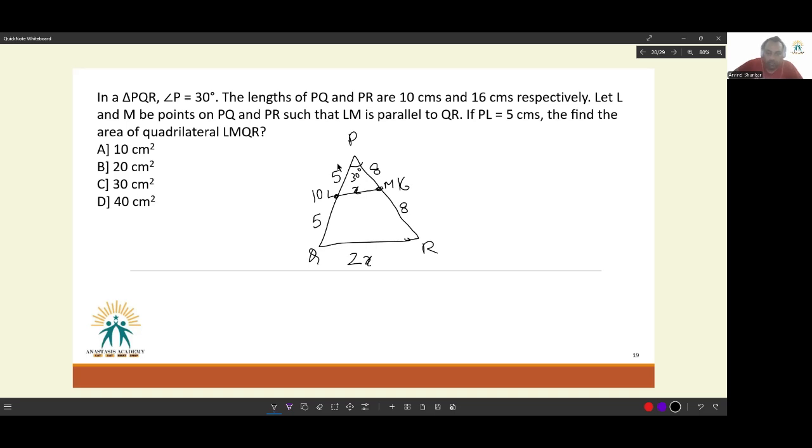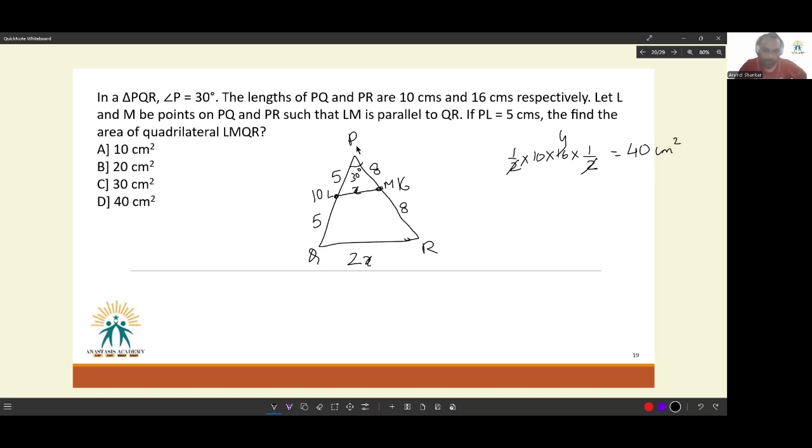So the ratio of their area will be 1:4. So if we find out the area of PQR, which will be given by half into 10 into 16 into 1/2, since sine 30 is 1/2, we can get to 40.